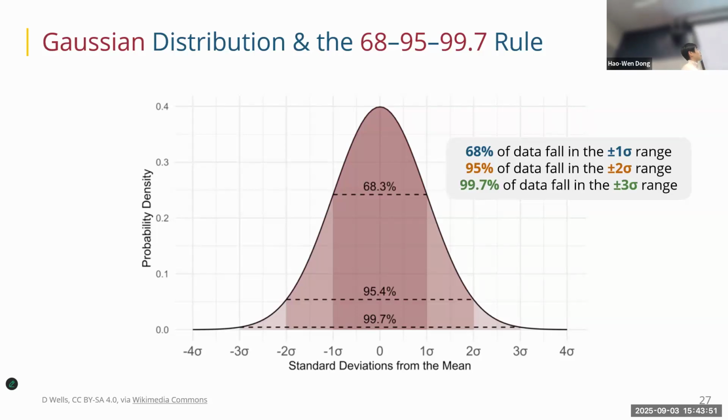So what's the chance that this is a very unlikely event or a very significant event to happen? So basically 68% will be in the 1 sigma range, then 2 standard deviations, 3 standard deviations. So 99.7% of data will be in the 3 sigma range.